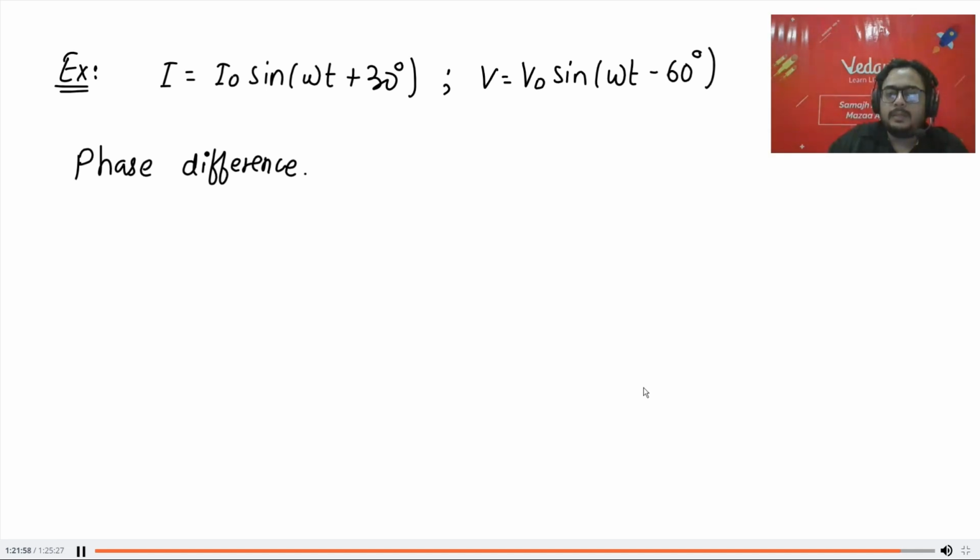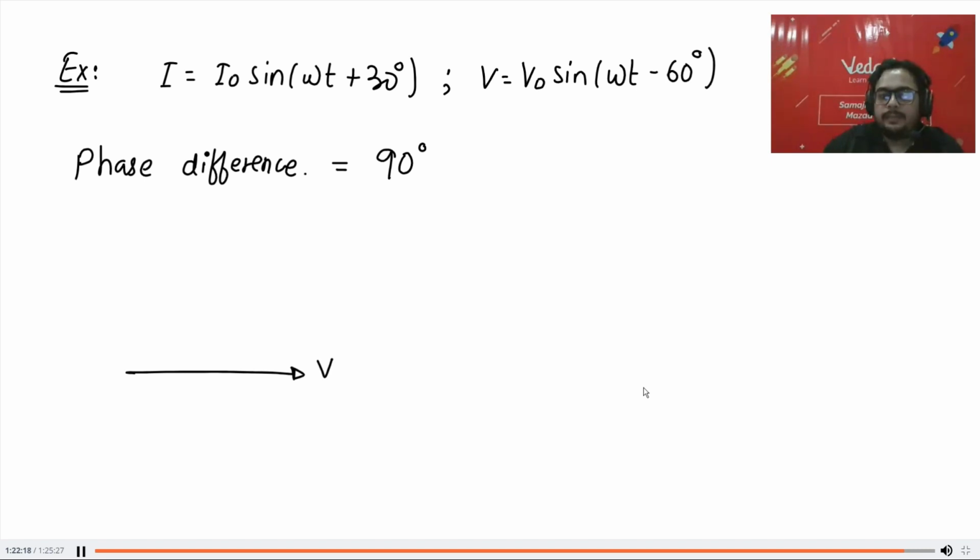What is the phase difference? Can you tell me? Yes, the phase difference is 90 degree. One is plus 30, one is minus 60. So how can we draw it? We will draw voltage and current. This will be 90 degree.